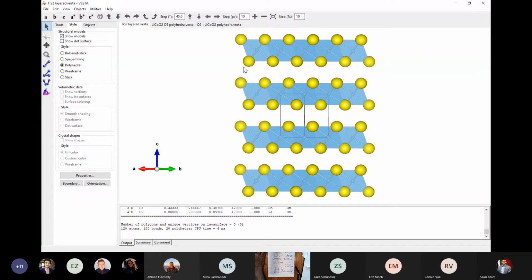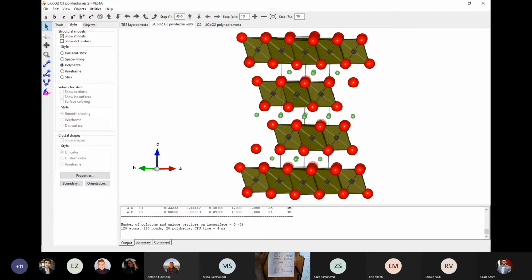Okay, so now I want to move on and talk about lithium cobalt dioxide. I'll do that first, just because I'm here to show you what it looks like in Vesta. So here the oxygens are these big balls, which I think are red.